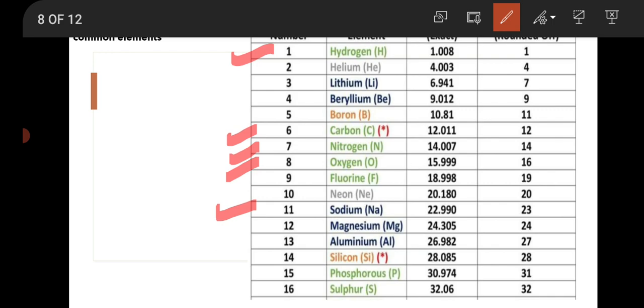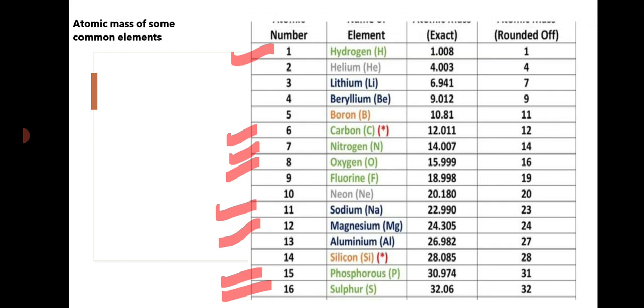Sodium atomic mass is 23. Magnesium atomic mass 24. Phosphorus atomic mass 31, sulfur atomic mass 32. So you must know the atomic mass of certain common elements like hydrogen, carbon, sodium, potassium, nitrogen, oxygen, fluorine. For these elements you must remember the atomic mass.